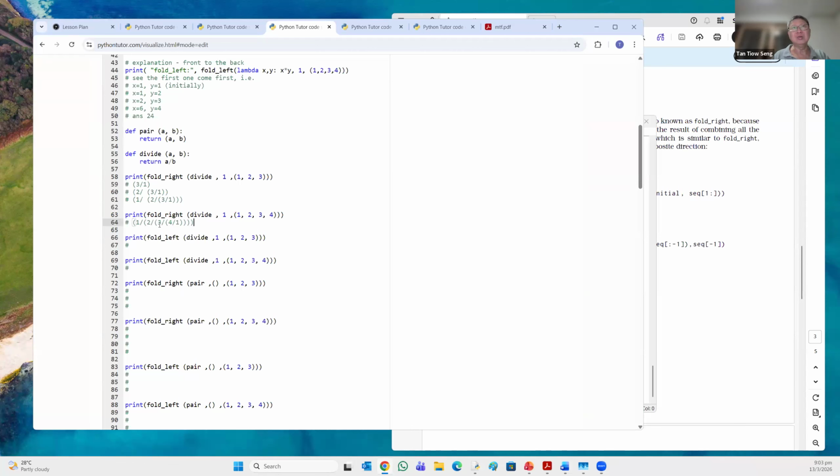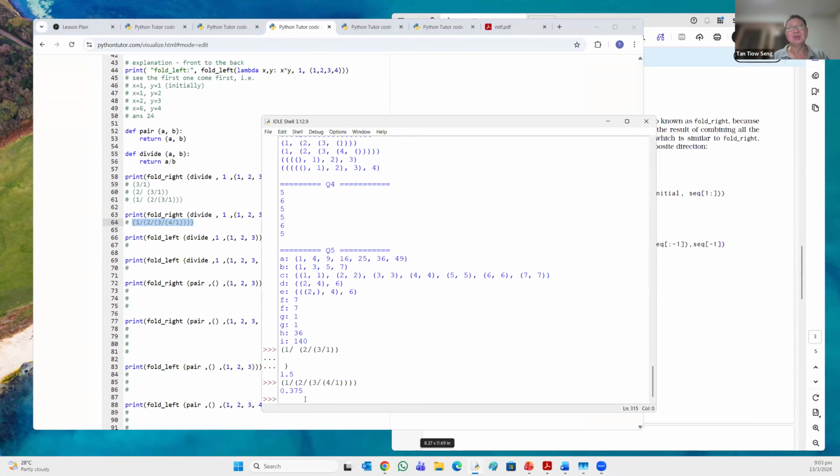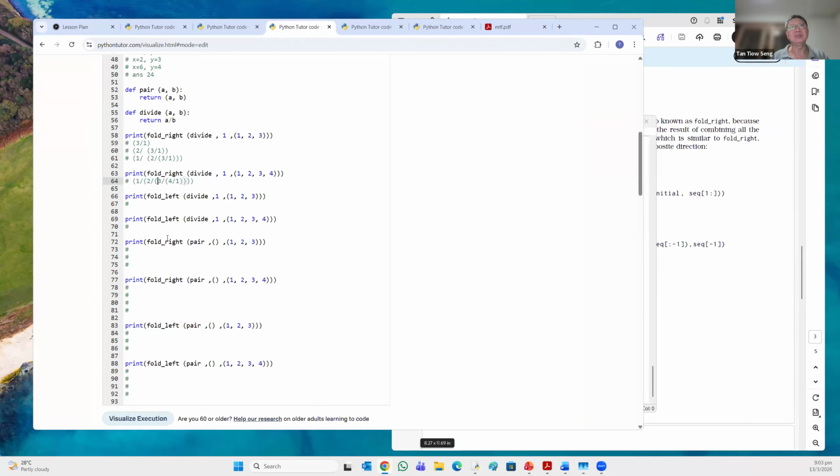I'm using the semantics of the code of fold right to get this. If you don't do that, you have to trace it like hell, because already writing this is mind twisting. So what's this answer? This answer is 0.375. Let's check it out.